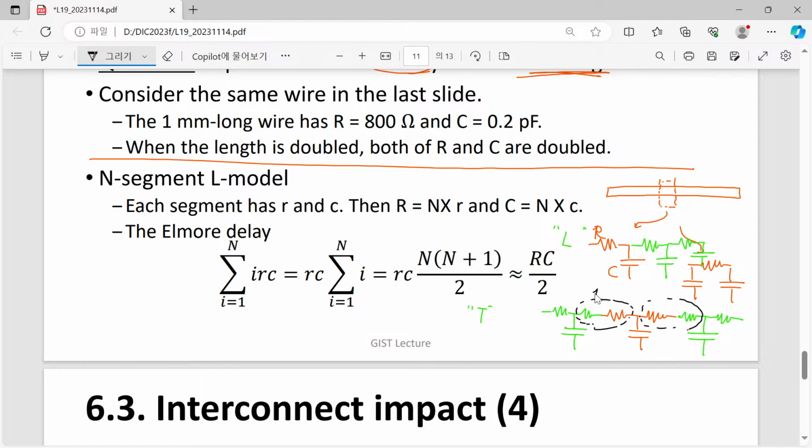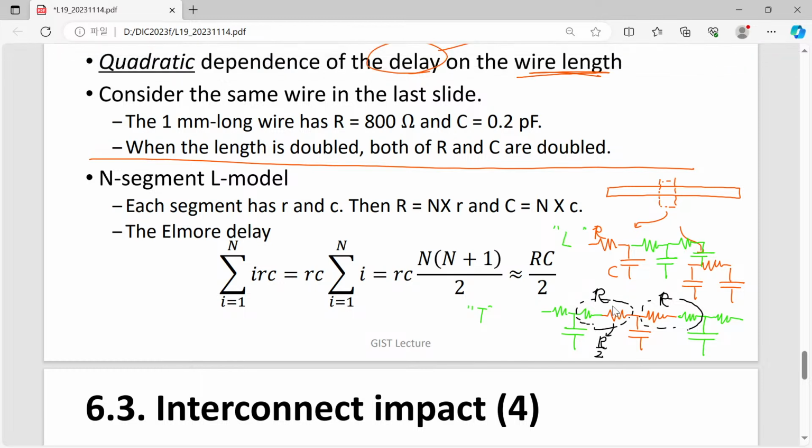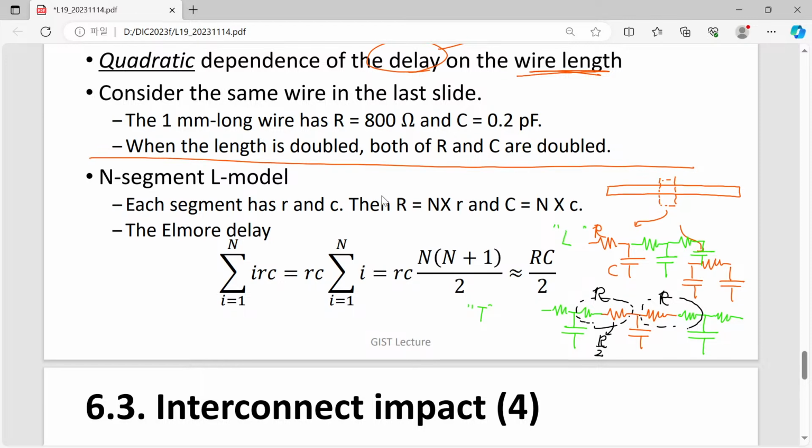Yes, it is once again R, and it can be also R. So if we select this one single resistance as half R, then we can recover anyway the same form of R and C. Same happens to our pi model. So please try to do that.